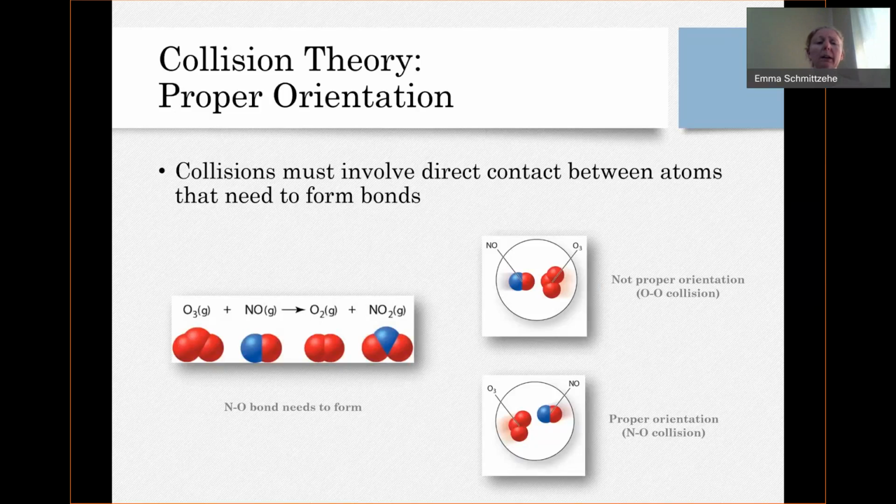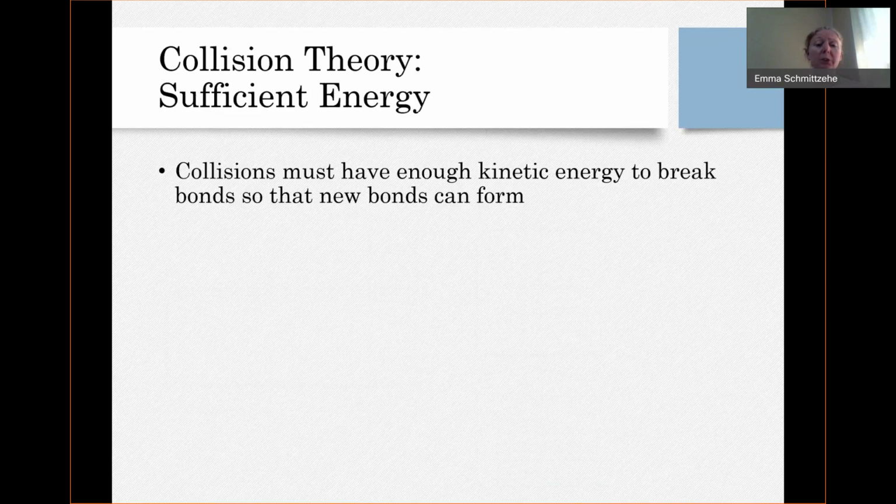But like I said, the other thing is it does need the sufficient energy, meaning your collisions need to have enough kinetic energy so they can break what bonds need broken and form the new bonds. Okay. Now, occasionally they don't need to actually break some bond, but they still need to collide with enough energy to where they will form kind of an intermediate to get to the product.